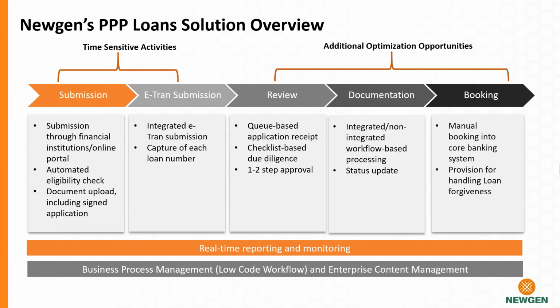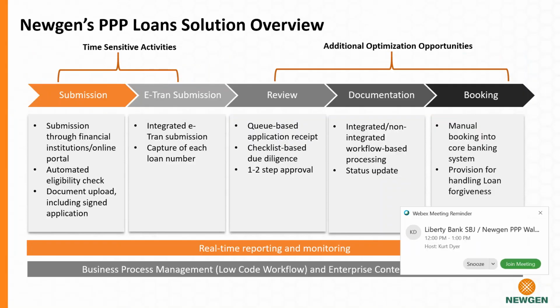So Newgen, we really believe we can provide a lot of value here for the entire life cycle management of the Paycheck Protection Program loans. Now our solution is built upon our business process management platform. This is a low-code workflow platform with enterprise content management capabilities built right into the system.